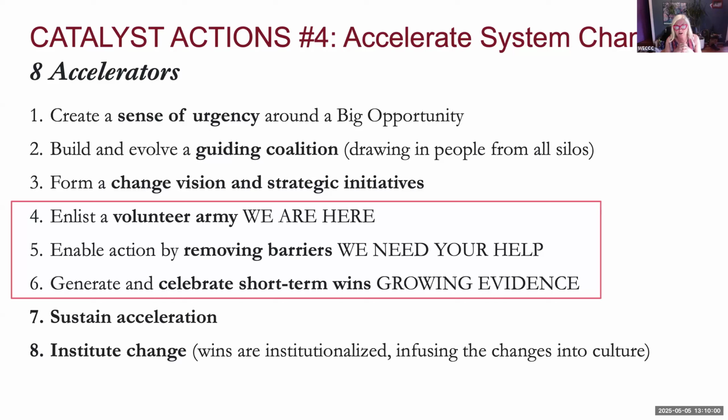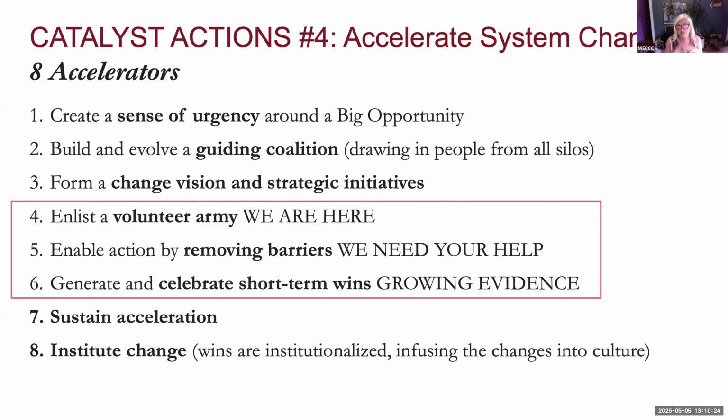That's what we think our lab space is, and all of the researchers that work with us and all of the student interns that we're so pleased to have an opportunity to work with, drawing people in from all different kinds of backgrounds with different types of strategies and ideas, and forming the change vision and that set of strategic initiatives.